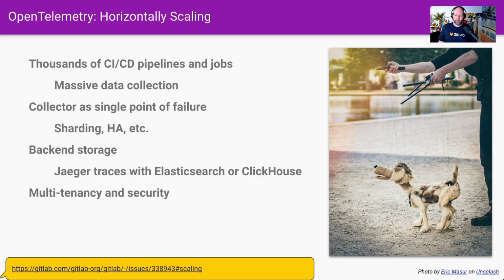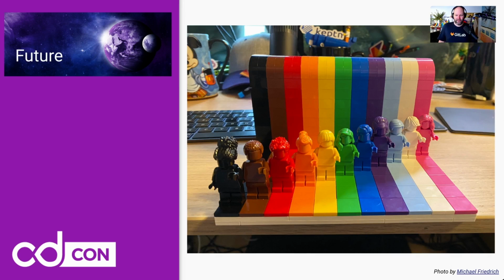The backend storage might also be needed to scale with, for example, ClickHouse or Elasticsearch. And again, multi-tenancy and security comes into play in all these scaling considerations, filtering the data away and potentially making it slower.